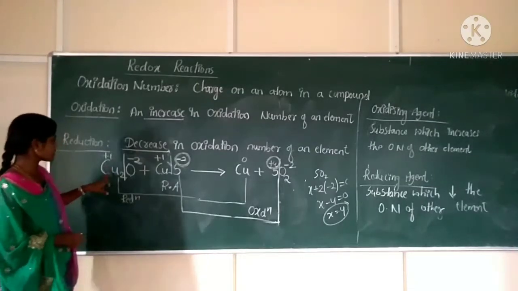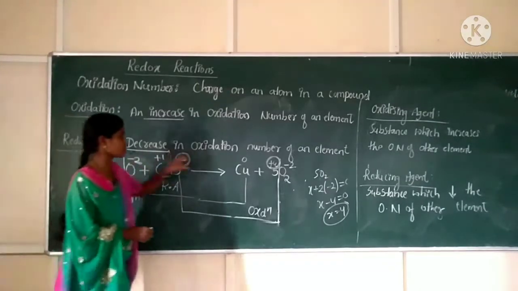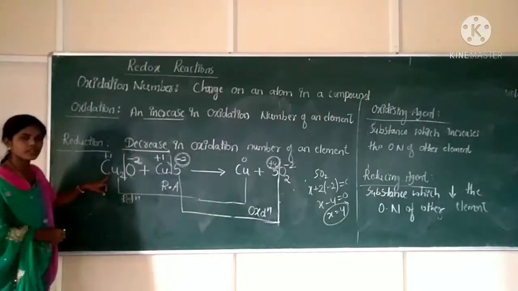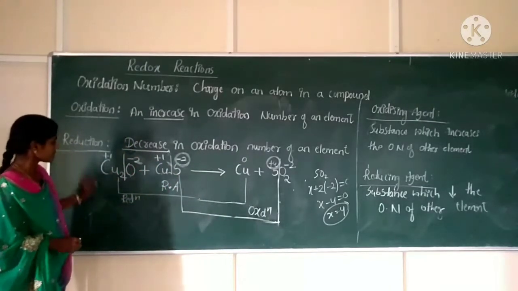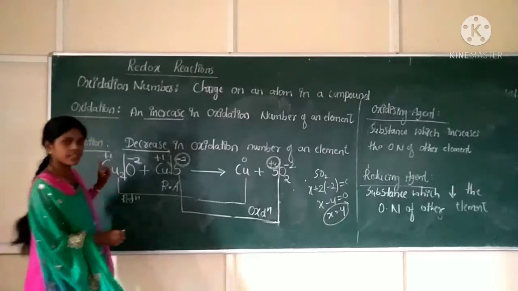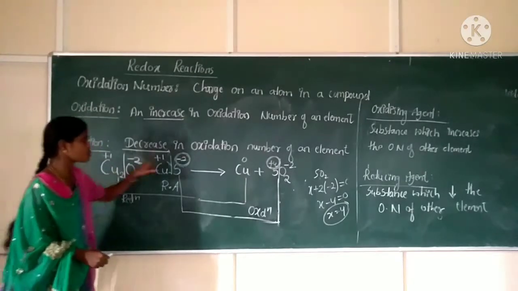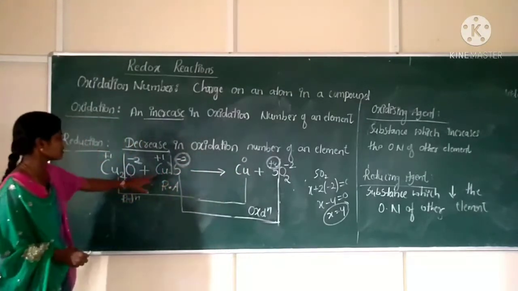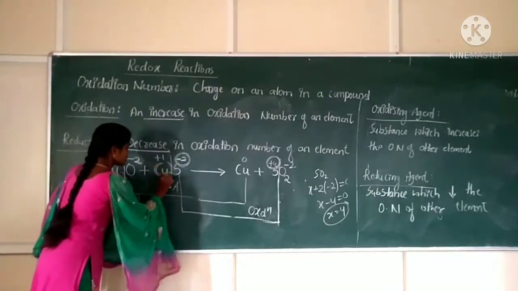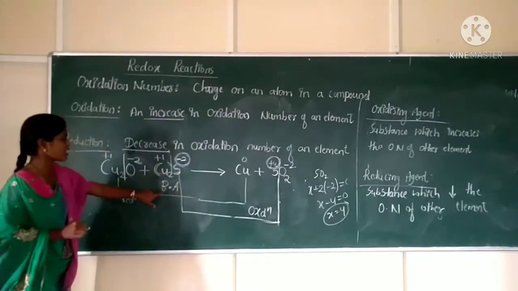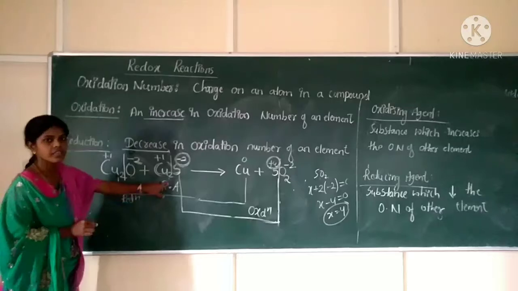Copper changes its oxidation number from +1 to 0. It means copper is undergoing reduction. For the reduction of copper from +1 to 0, which is helping here? Cu2S is helping. So this Cu2S can be called a reducing agent.